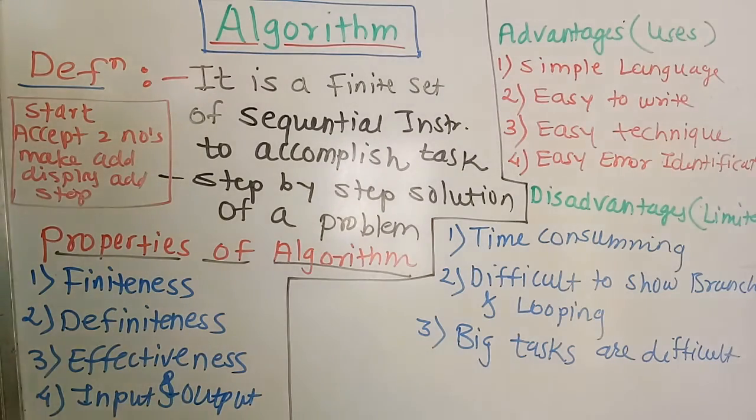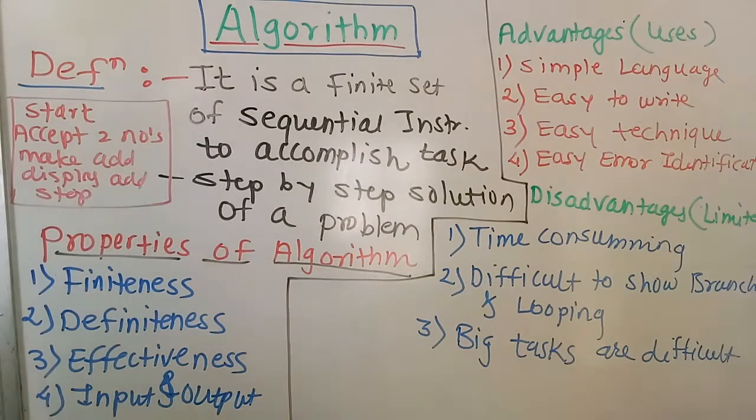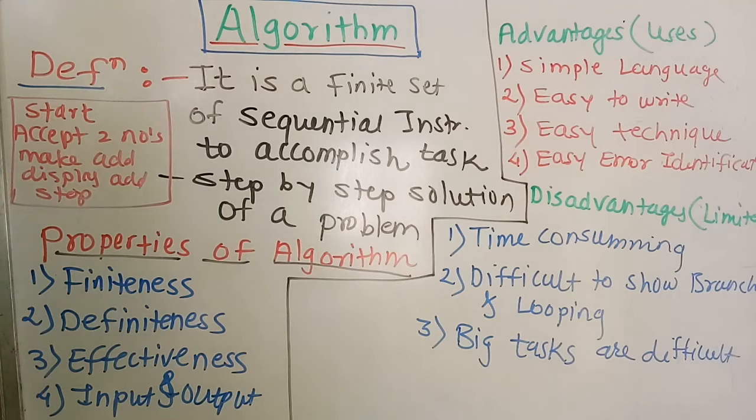The algorithm must accept zero or more inputs and must produce at least one output. It means you can accept from zero to many inputs, but you must produce at least one output. There is no limitation on the input, but the algorithm or program should produce at least one output.